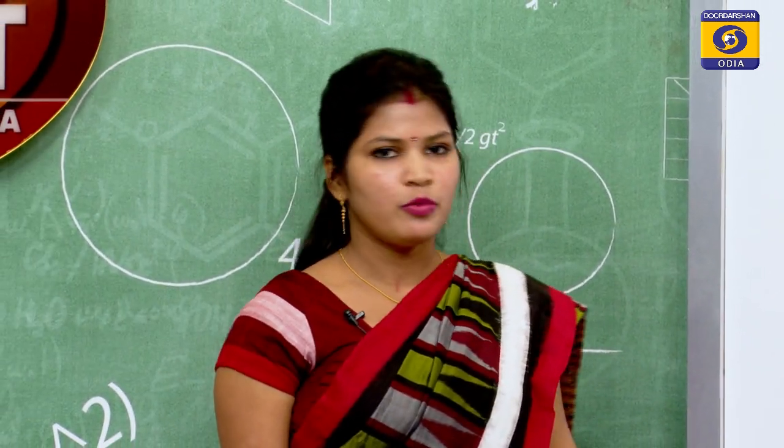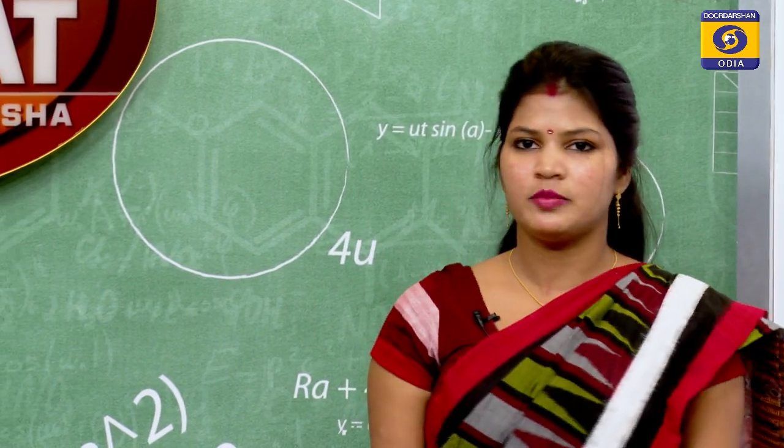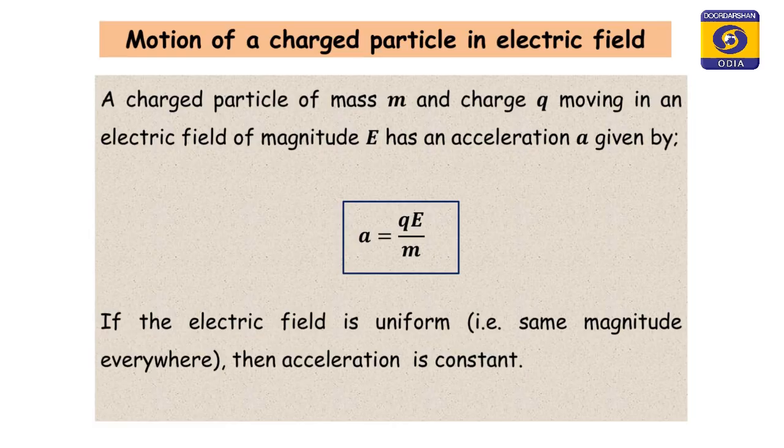When a charged particle of mass m and charge q moves in an electric field of magnitude E, it has an acceleration a given by a is equal to q E upon m. If the electric field is uniform, that means the same magnitude everywhere, then the acceleration is constant.